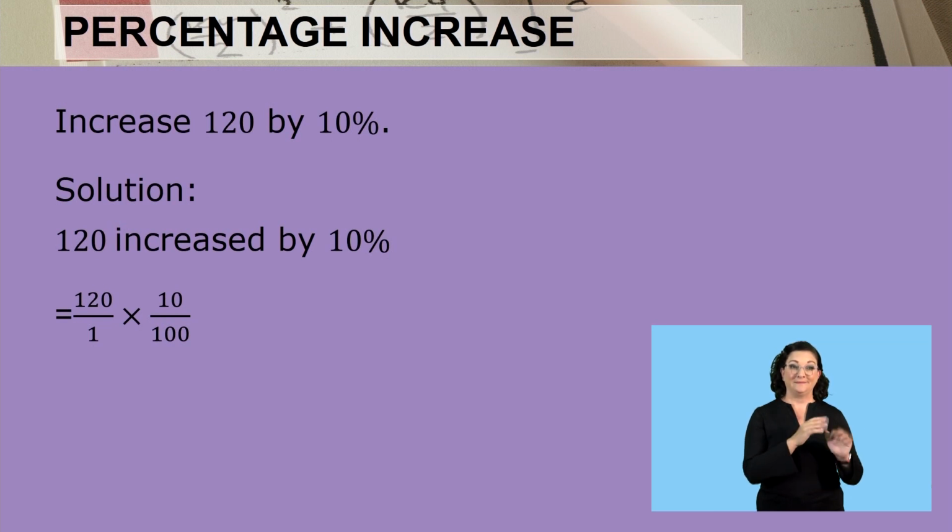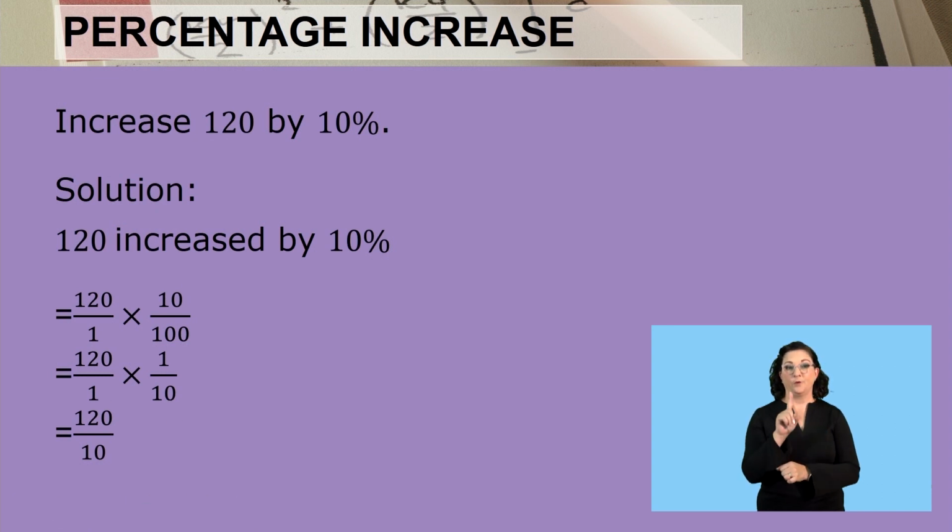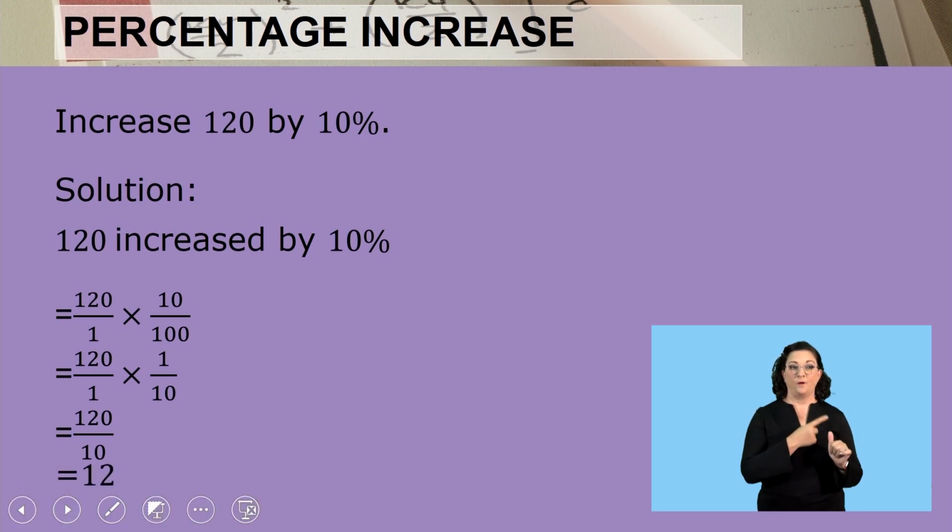So 10% is 10 out of 100. We simplify it, we remove the zeros there. 120 times 1 would be 120. 1 times 10 will give us 10. And you have 120 out of 10, and your answer is 12.